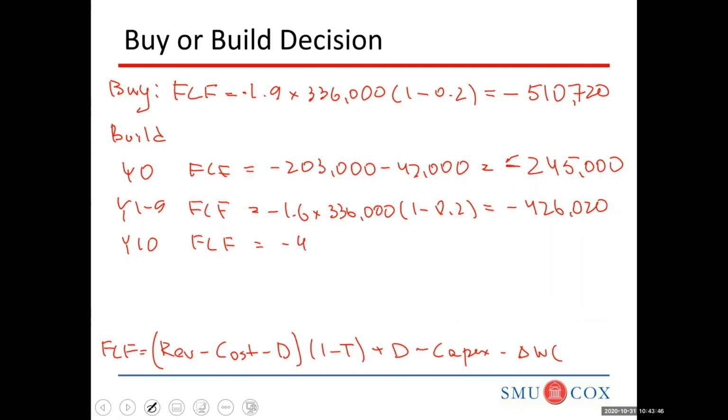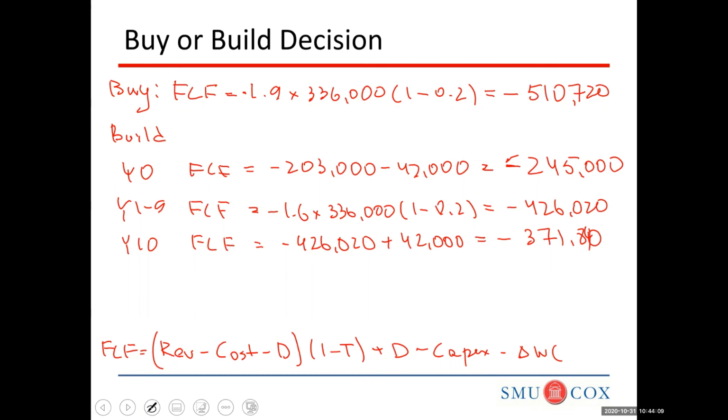So it'll be minus 430,080 plus 42,000 release of working capital. So you get minus 388,080.